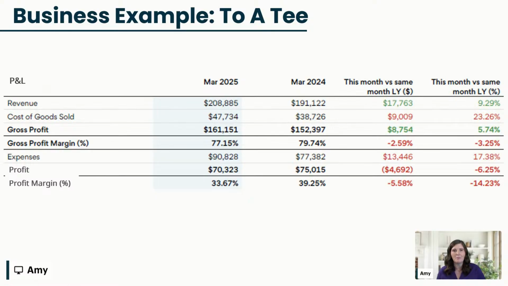Let me click some buttons here, come back. Okay, so that is the summary P&L. A quick walkthrough of the summary P&L. It is a really quick, high-level way to get an idea of what is happening in a business in a given month.